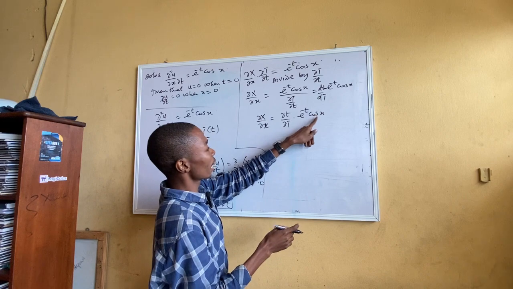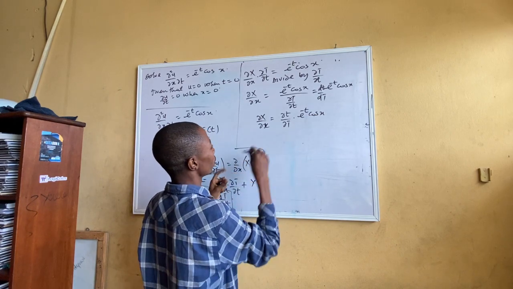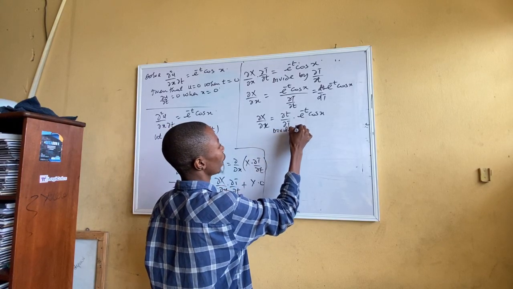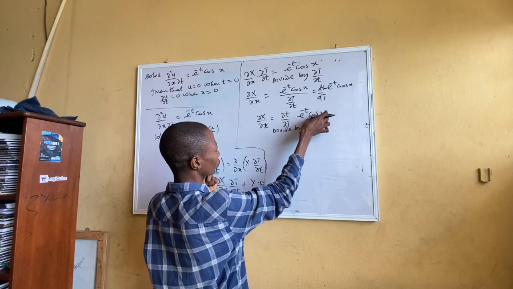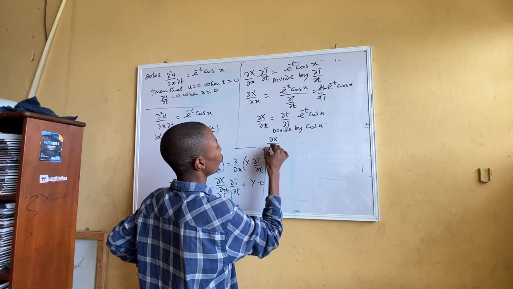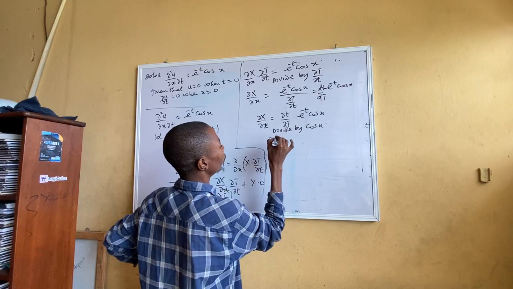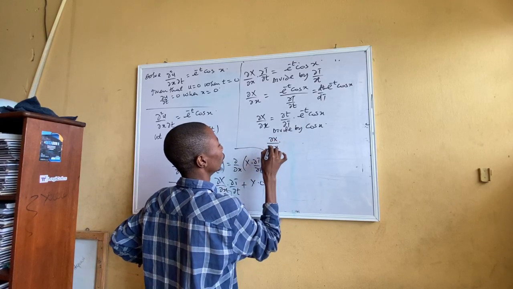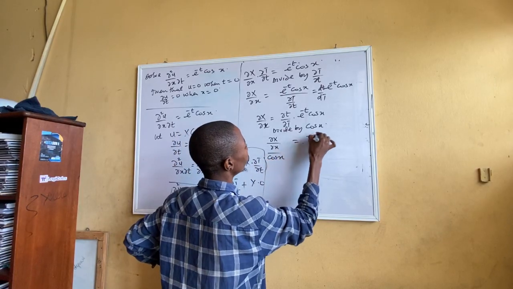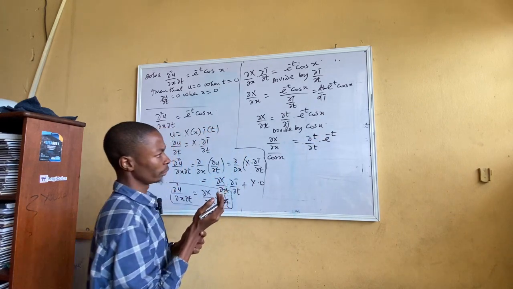Now if I divide both sides by cos x, we are going to have X double prime over cos x equal to the small t, the big T with e to the minus t here. So the variables have been separated.